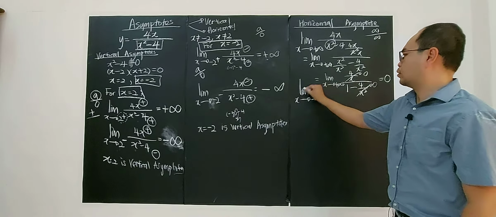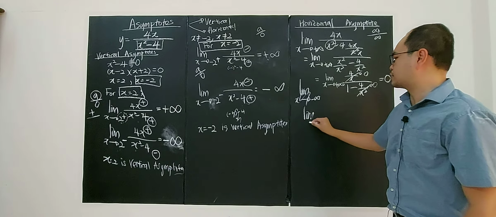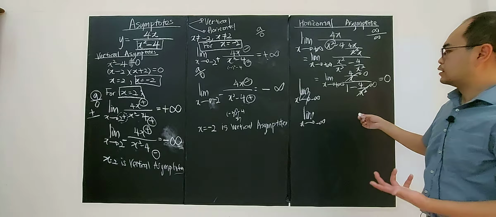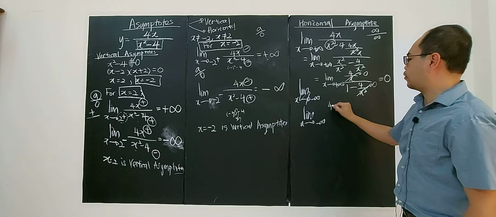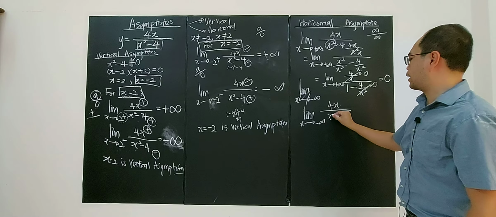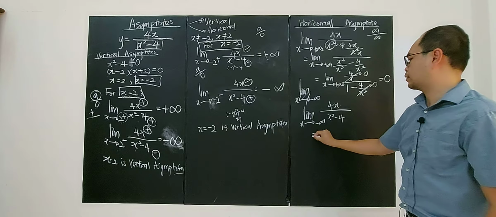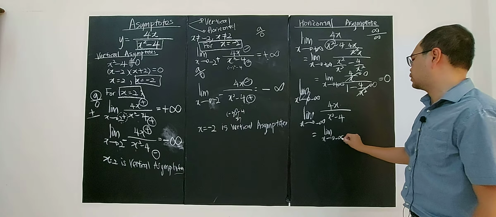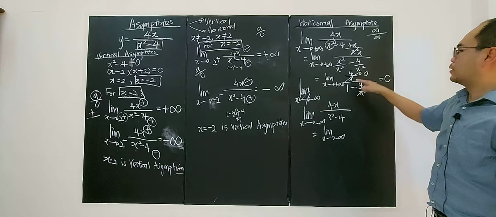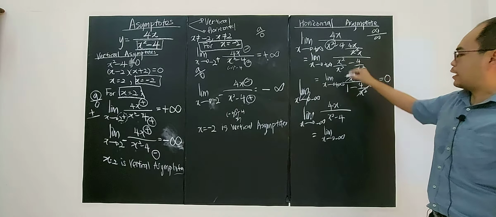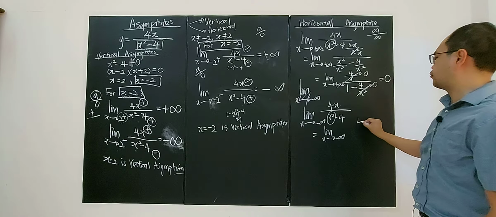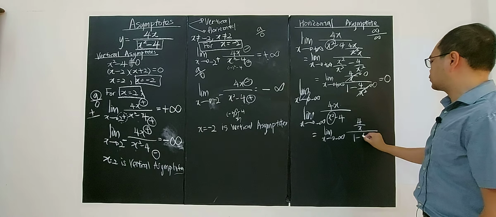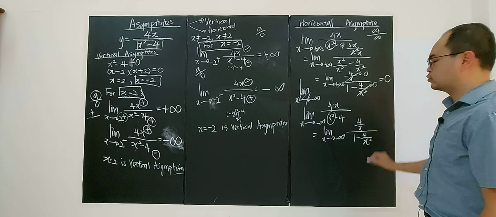For the limit as x approaches negative infinity, the thing is the same for 4x over x squared minus 4. The technique is the same: you divide by x to the power of 2, and you get 4 over x over 1 minus 4 over x to the power of 2.